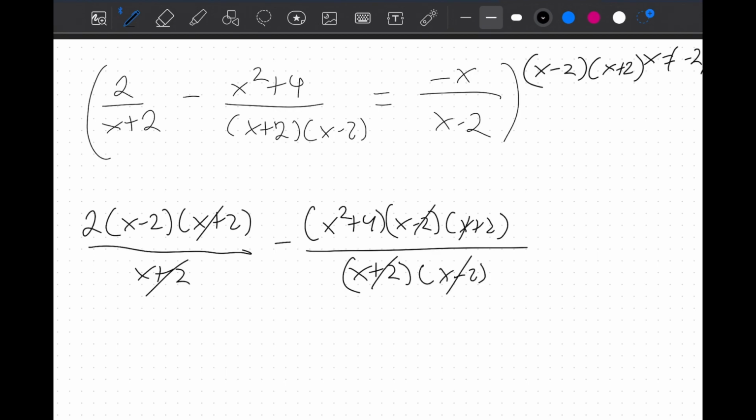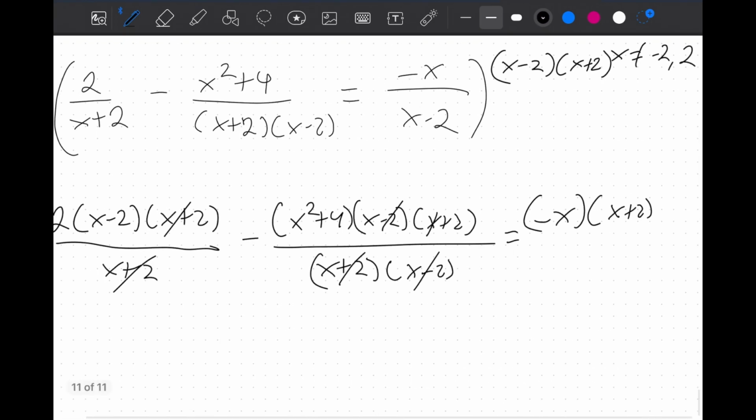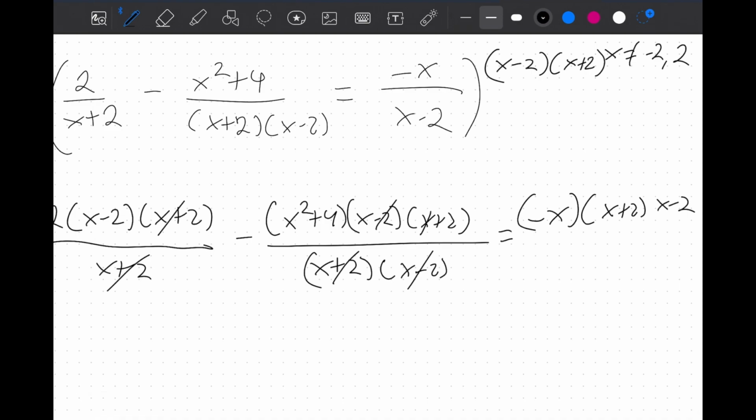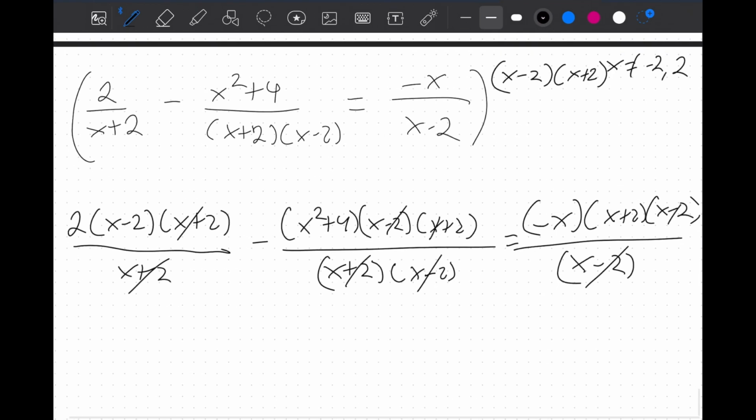So then this is canceled, and then that's going to be minus x times x plus 2, x minus 2, all over x minus 2, so the x minus 2's can cancel.